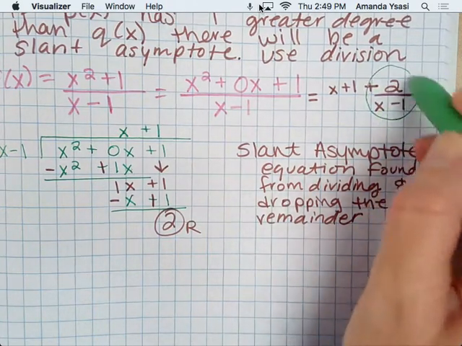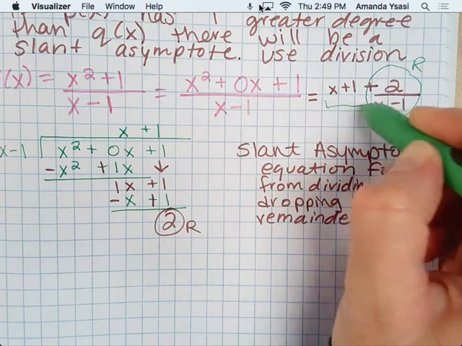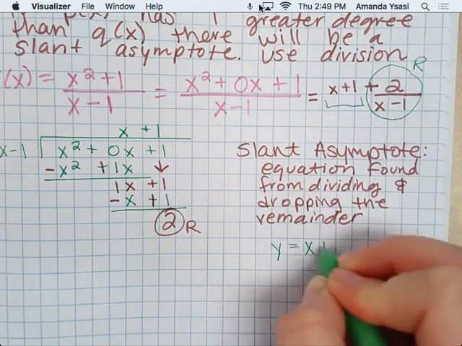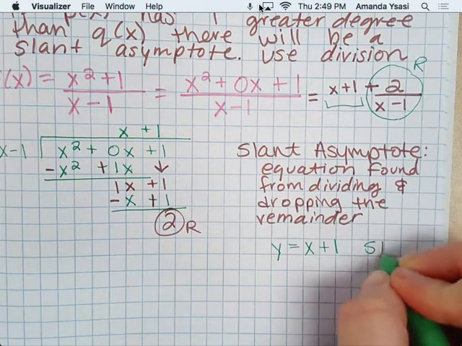So this is the remainder. This is your equation. So y equals x plus 1 is your slant asymptote, SA.